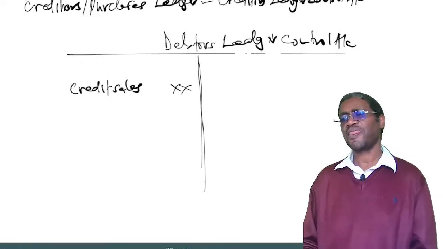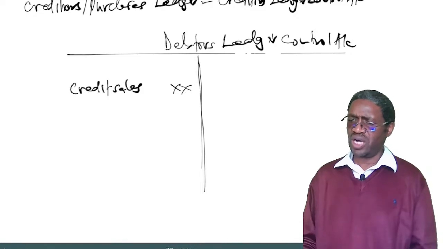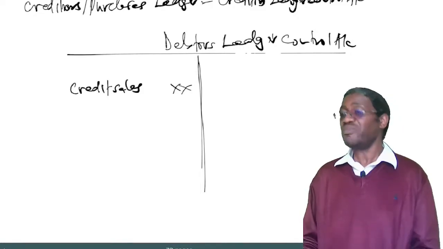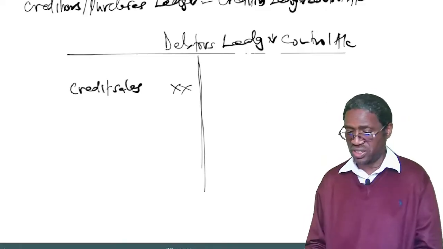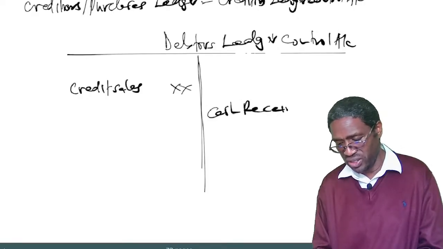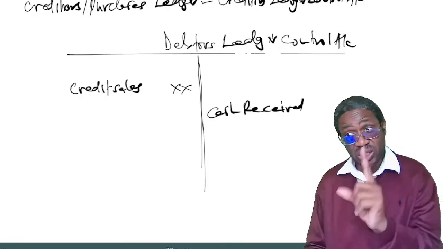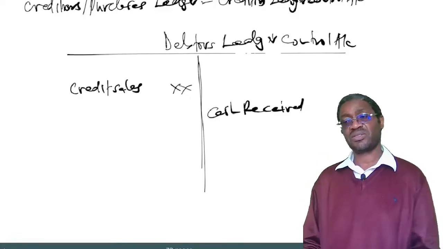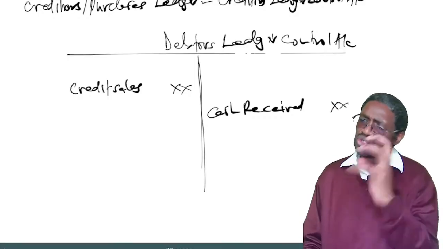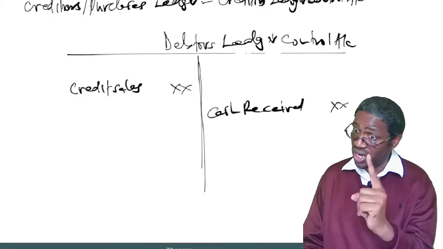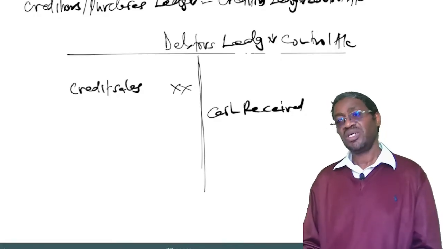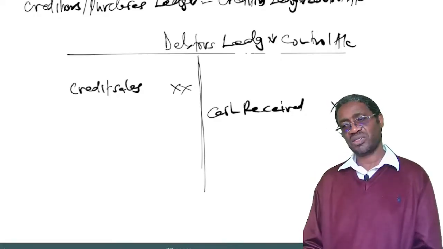For example, when you receive cash from your customers or your debtors, the double entry is you debit cash, you credit debtors. So again, the total cash received from debtors should be credited in the control account.